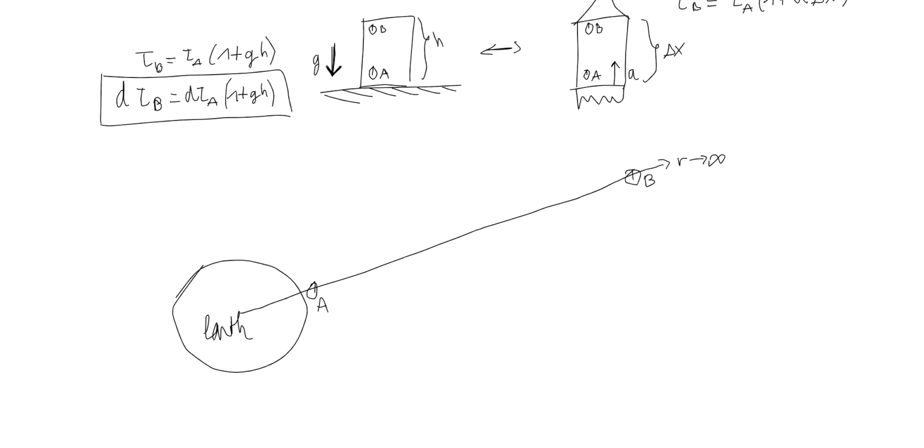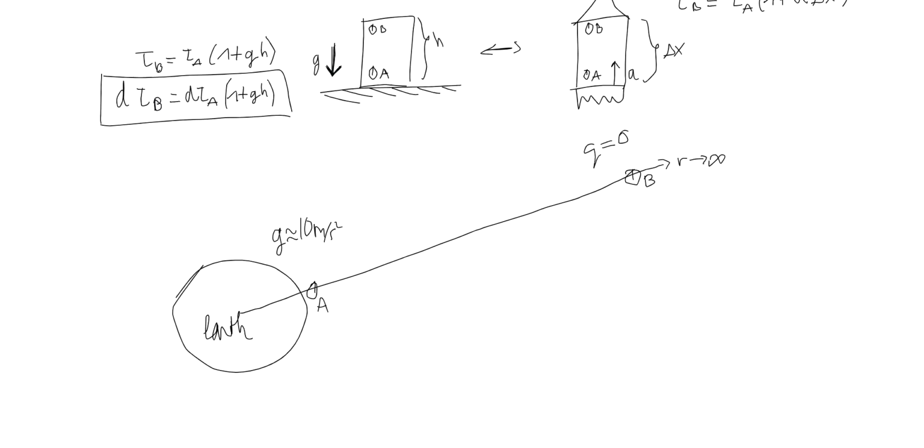We know that g is approximately 10 meters per second squared on the surface of the Earth, but we don't know what g is here and here. I mean, we do, but what I mean is that g is going to decrease until you feel no more acceleration of gravity infinitely far from Earth. You will never get attracted by the Earth.